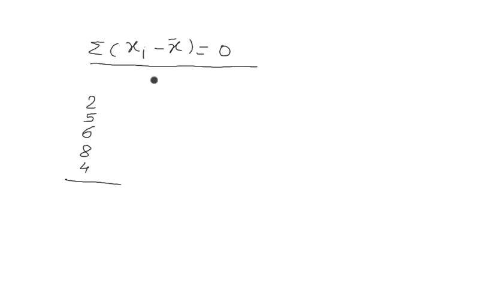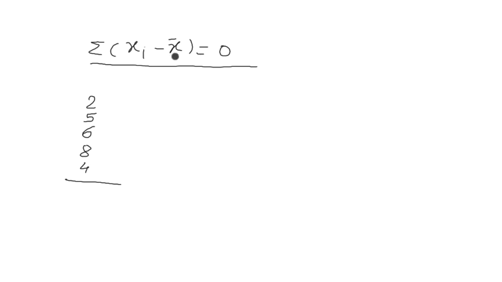So let's have one example in which we will try to prove this statement. Why is the answer always 0 for summation of xi minus x bar, and not any other number? Suppose observations are 2, 5, 6, 8 and 4. These are the xi's, x1, x2, x3, x4, x5.